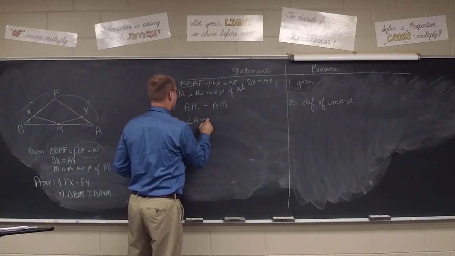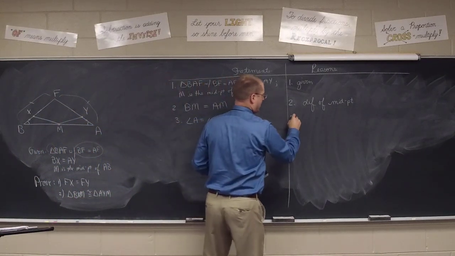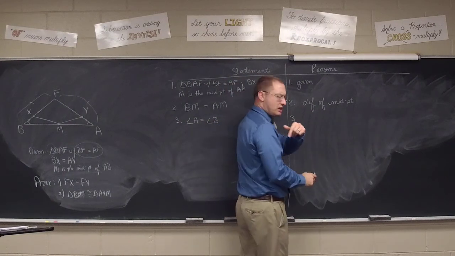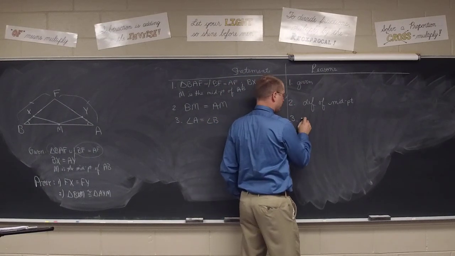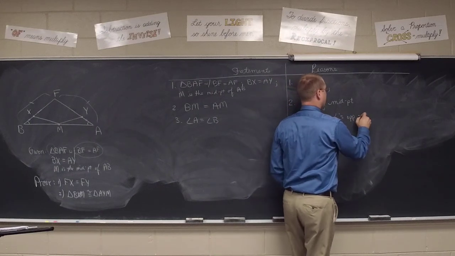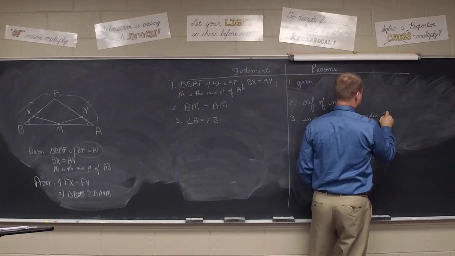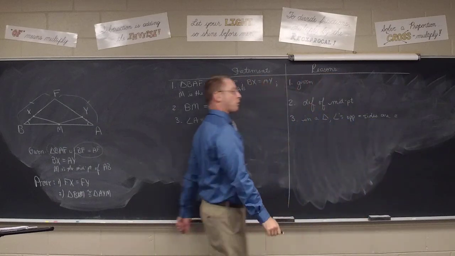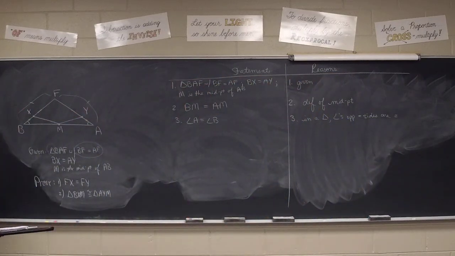Angle A equals angle B, and how did you word that reason again, Abby? In a triangle, angles opposite equal sides are equal. All right, and I'll go ahead and mark those little pieces as being equal from the given.